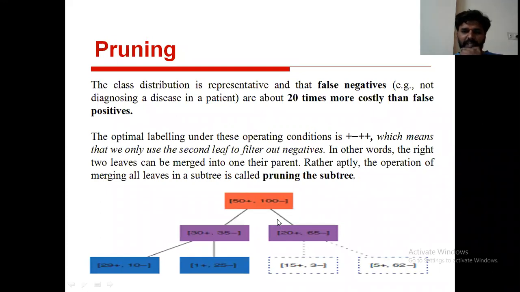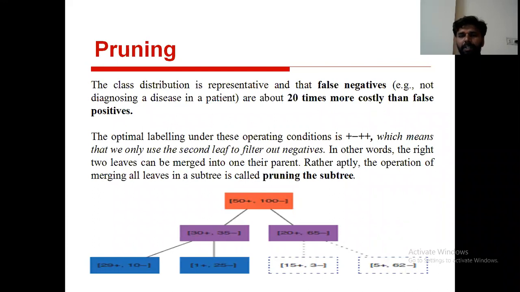Right. The next important topic here is pruning. Very important point here. See why we need pruning. Pruning means removing the unnecessary. Here, what is unnecessary? We need to construct nodes, leaves, segments.